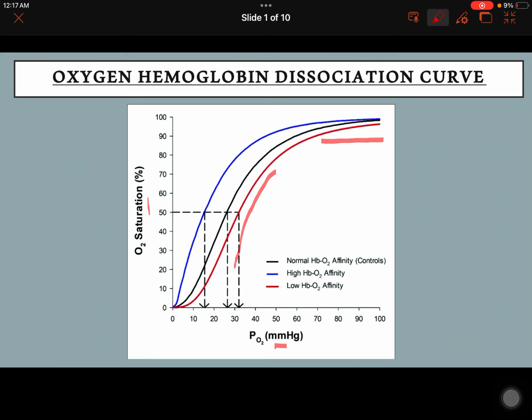Then this curve actually tells us very important things.